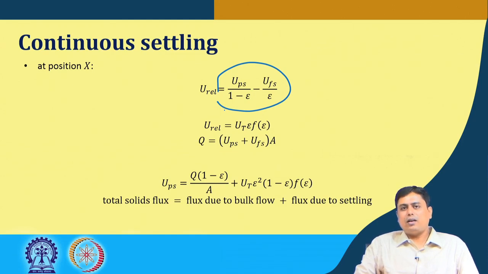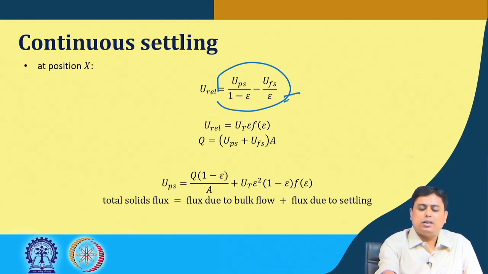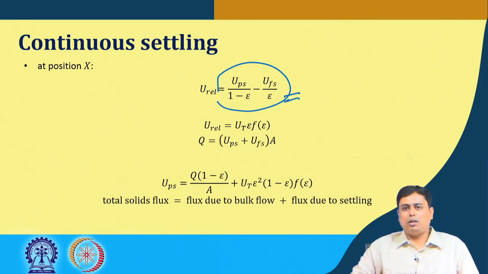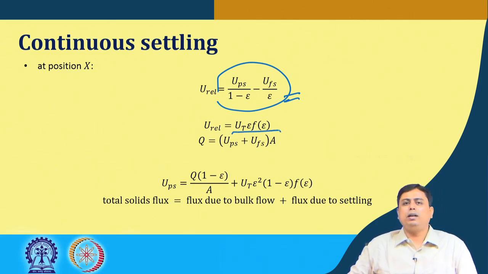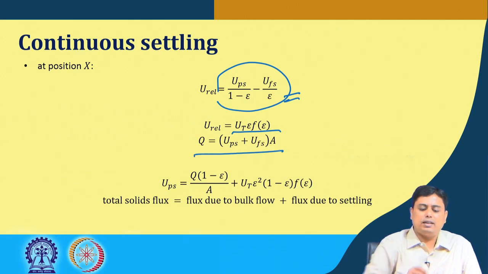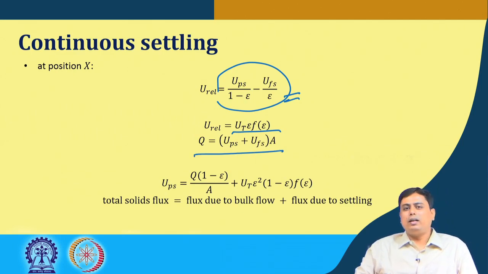So this relative velocity is nothing but this expression at any plane x from the top, and we have seen earlier that it relates to ut multiplied by epsilon multiplied by a function of epsilon, and we also have seen this Q by continuity expression.